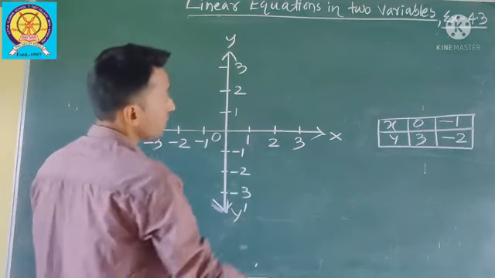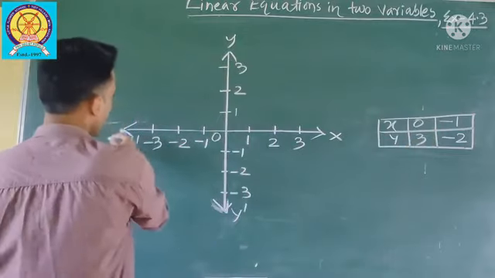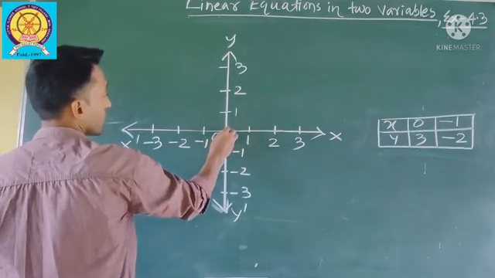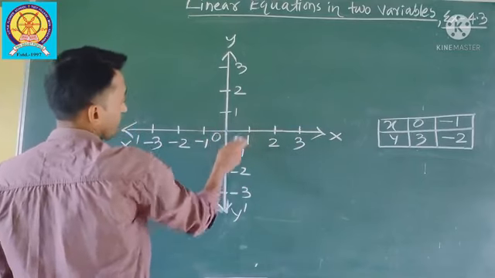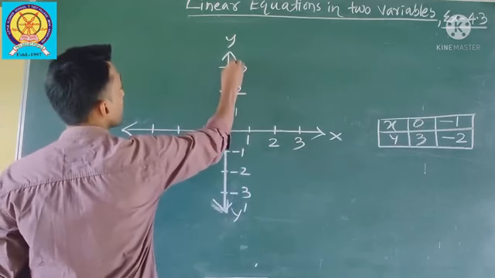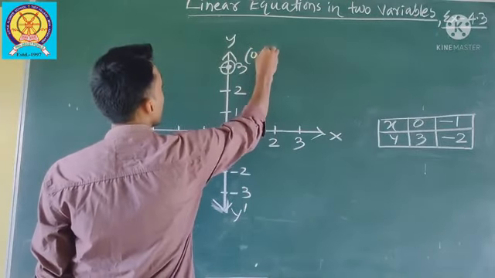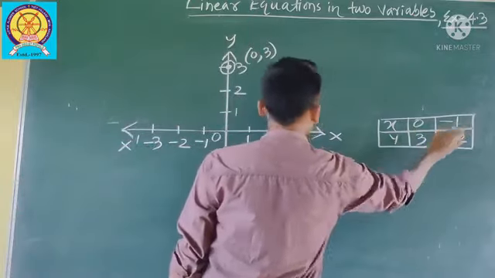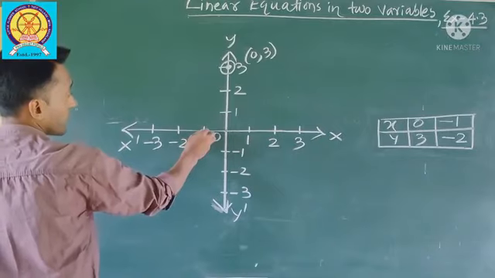Now you plot these points. x 0, y 3. In the x axis you see 0, this one is 0, the origin. y 3, this one is 3. So this is your point (0, 3). Then x is minus 1: in the x axis minus 1 is here.